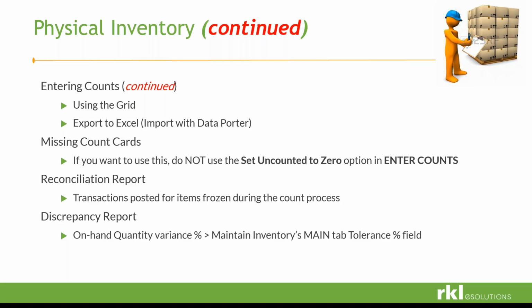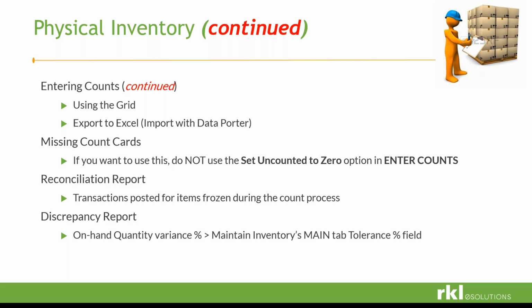There's also a discrepancy report, which comes in handy if you have taken advantage of the tolerance codes that can be set up within Maintain Inventory. For each item, you can define an on-hand quantity variance %. So in Maintain Inventory for a given item, let's say you have a tolerance code of 3% for on-hand quantity variance.